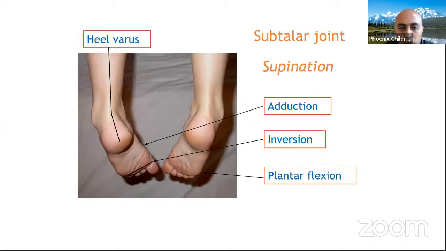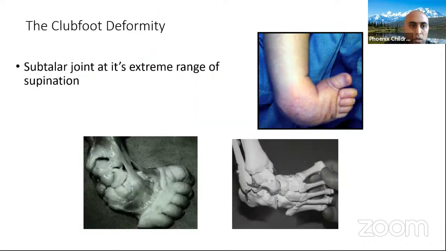Also, we need to understand the two extreme positions of the subtalar joint and the foot in general, which is supination, a combination of forefoot adduction, hindfoot varus, and ankle equinus. And also recognize that the clubfoot is an extreme form of supination deformity of the foot, as shown here.